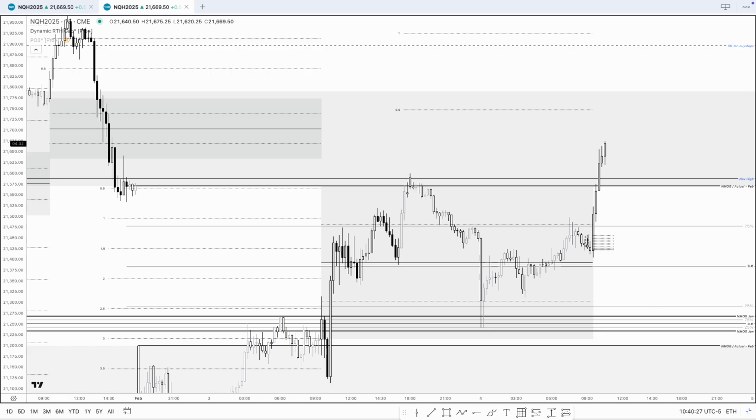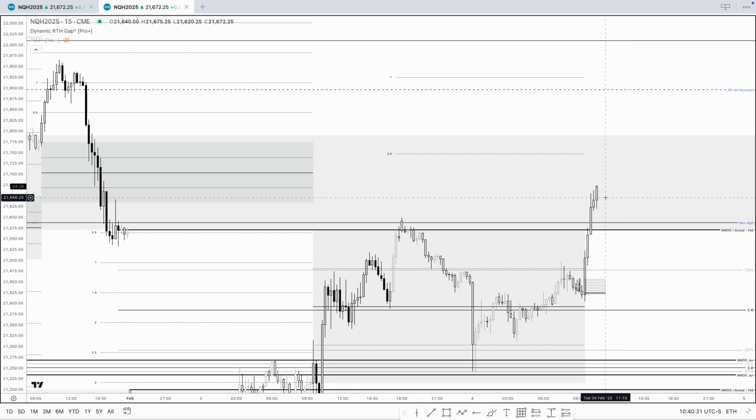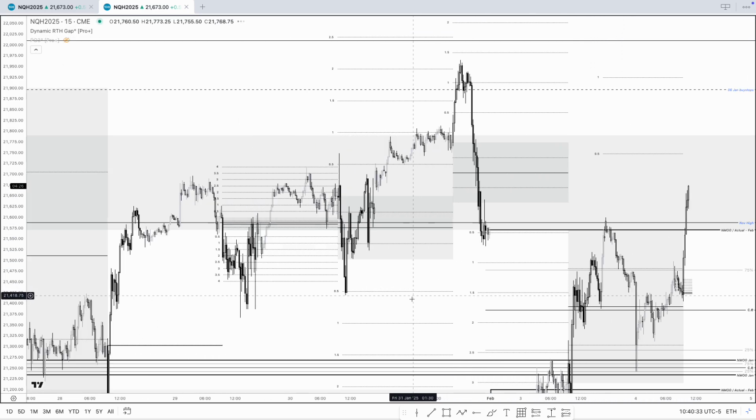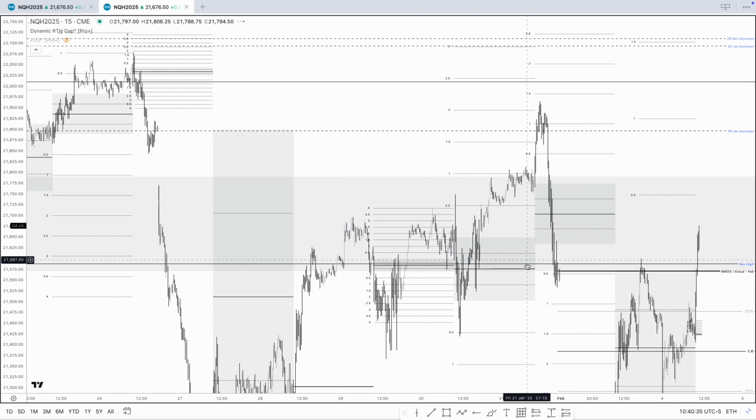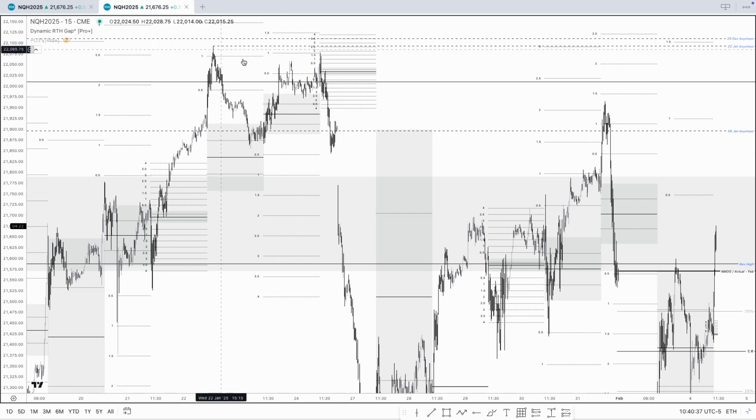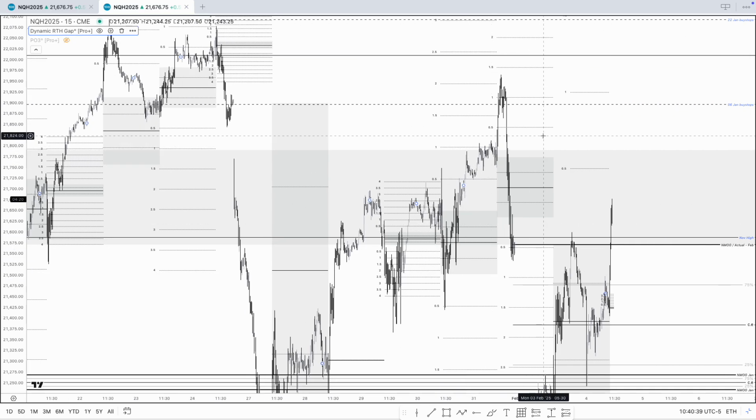Any other questions? Next week, when we have the new week opening gap, I will tell you how you are going to measure the quadrants based on the external liquidity, the new week opening gap and the new month opening gap.